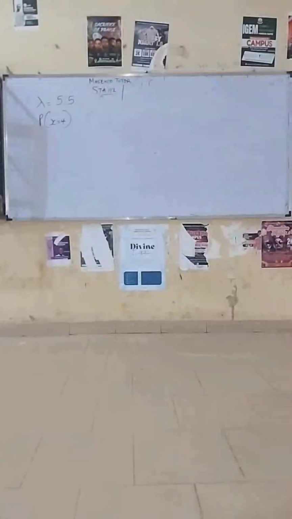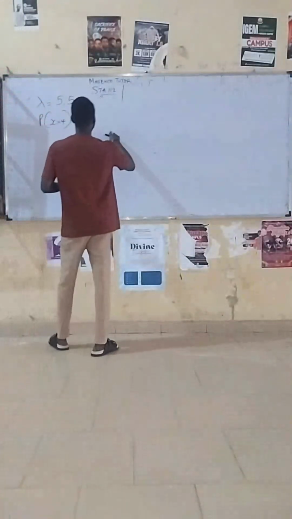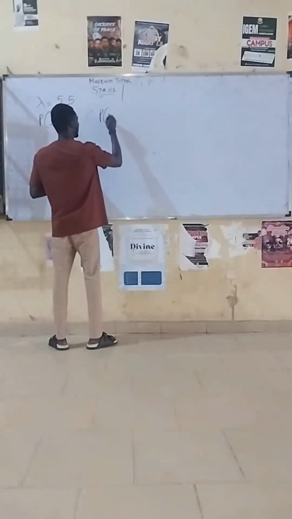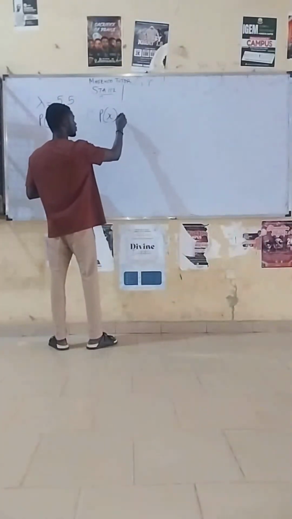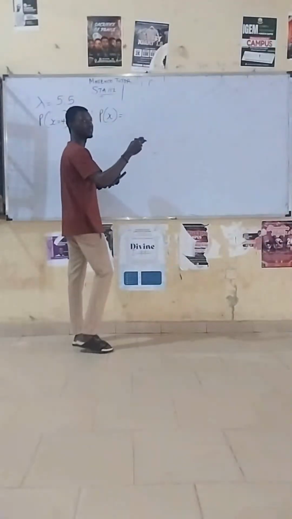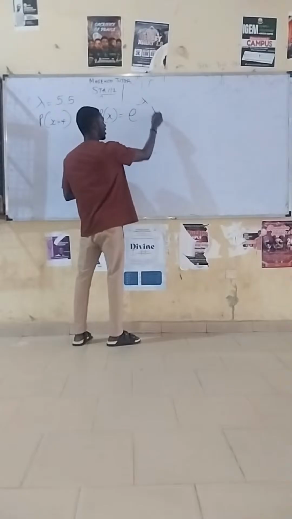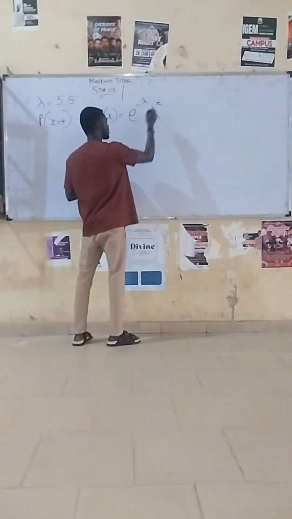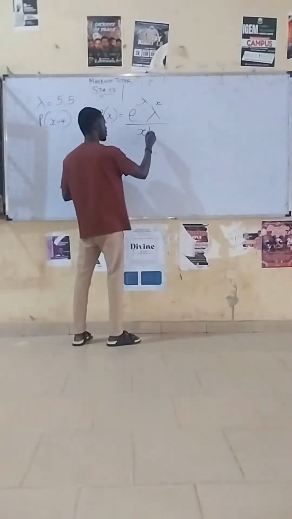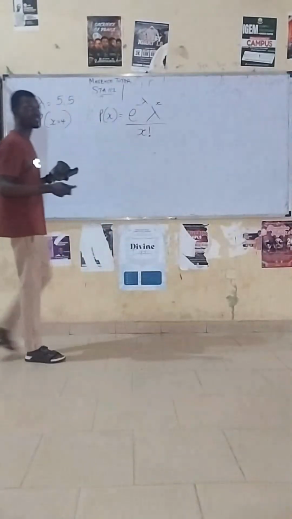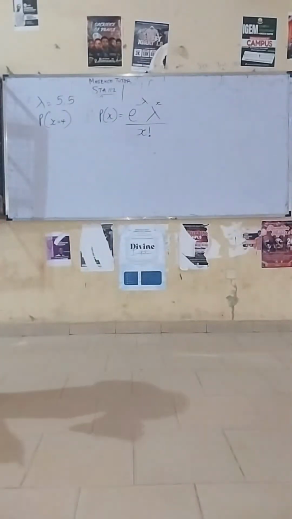Now, what's the formula for Poisson distribution? P of x is exponential minus lambda times lambda raised to x, all over x factorial. That's the Poisson distribution. From one question that I saw, the question is based on the formula.